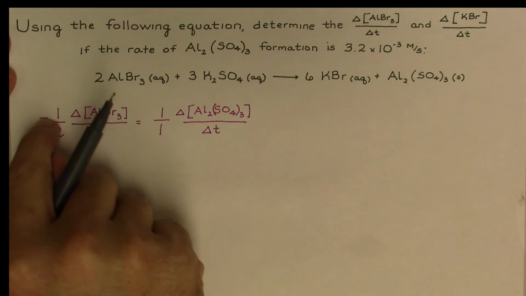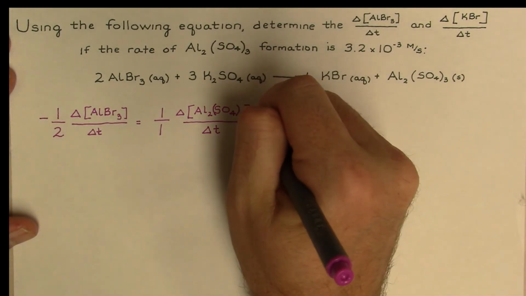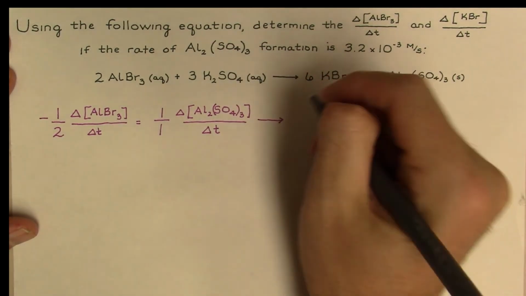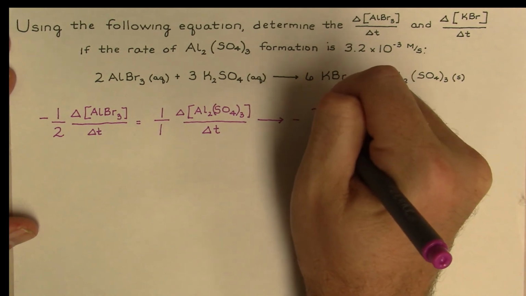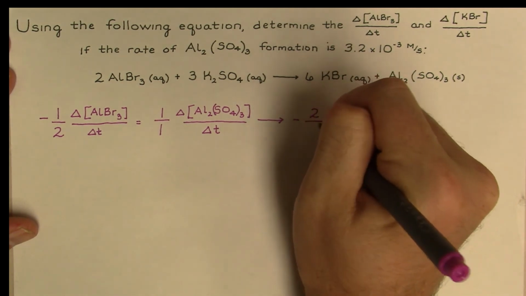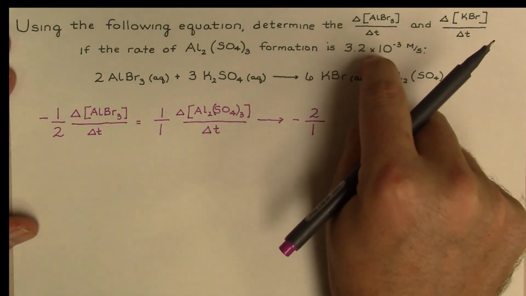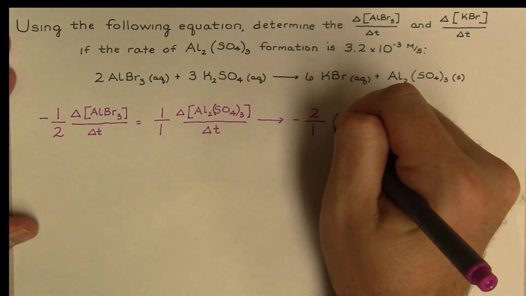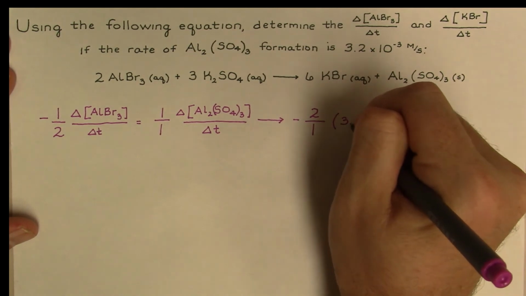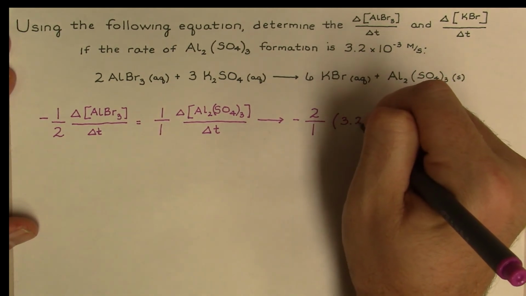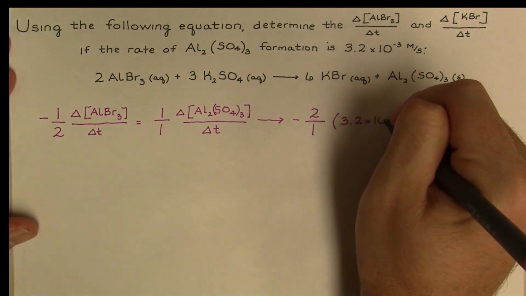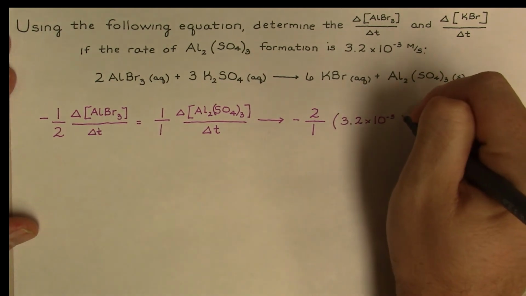If we go and cross multiply, we will end up getting -2 over 1 times the rate of our aluminum sulfate, which is our 3.2 times 10 to the minus third. So we can say -2 over 1 times 3.2 times 10 to the minus third molar per second.